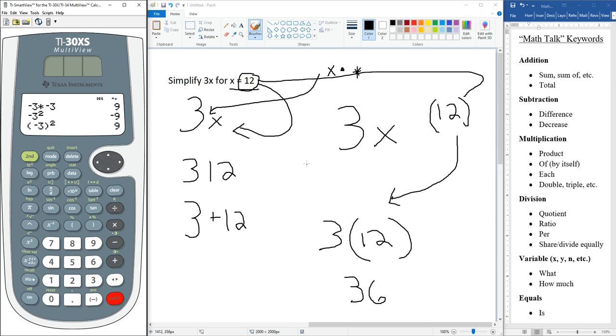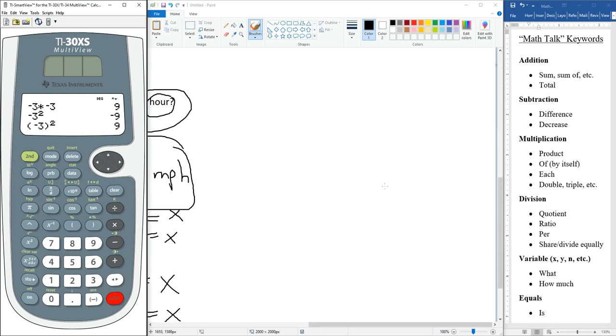So let's see how that works over here in one of our problems that we're working on. Let's get a little text box going.